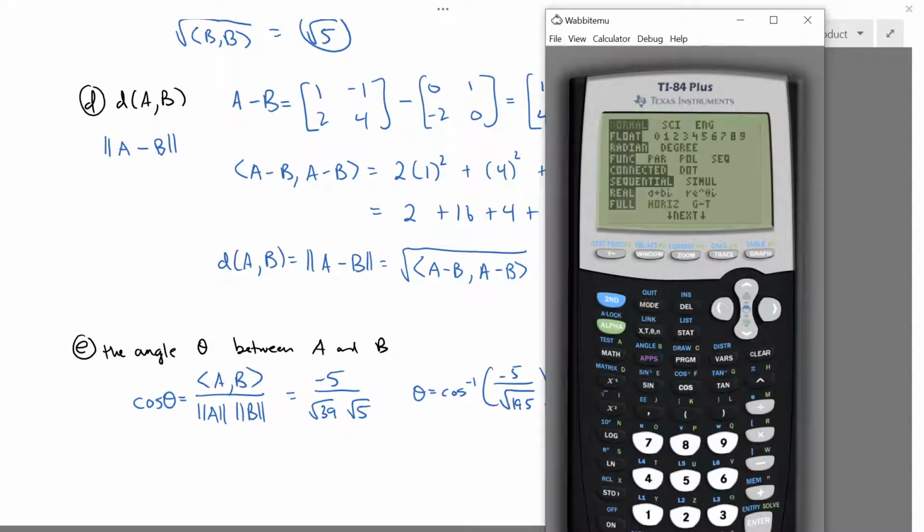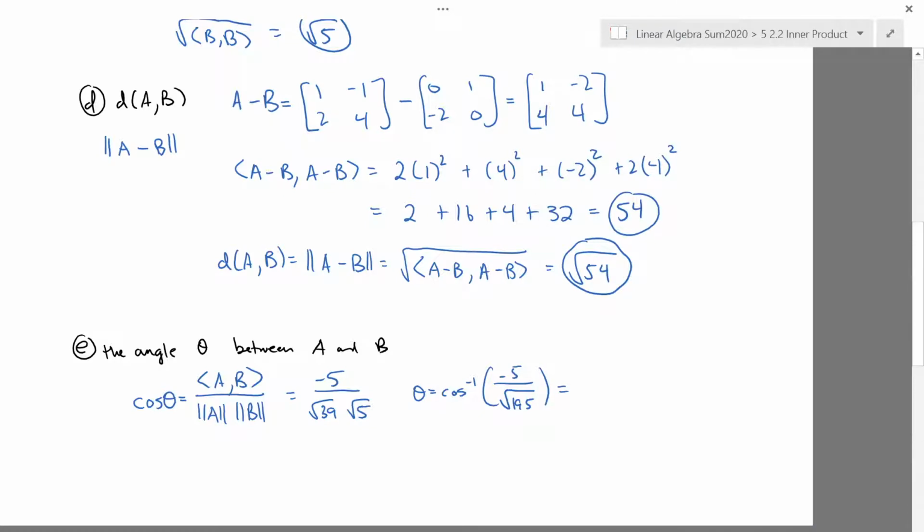So first, make sure it's in degree mode if I want the answer in degrees. So cosine inverse -5 divided by square root of 195. So I get about 110.98 degrees.